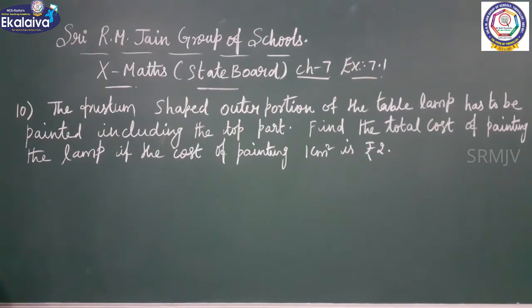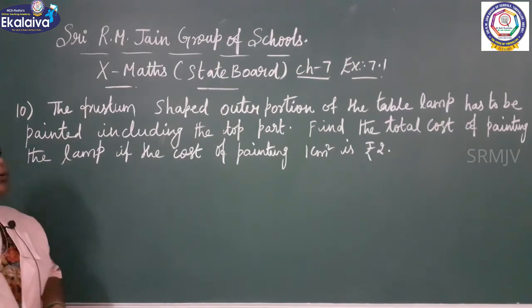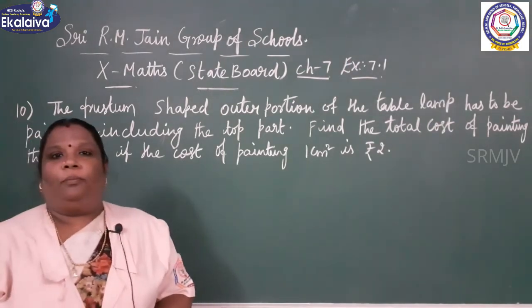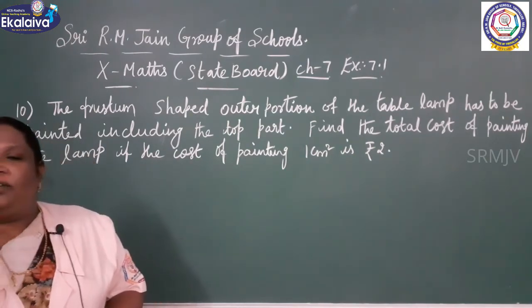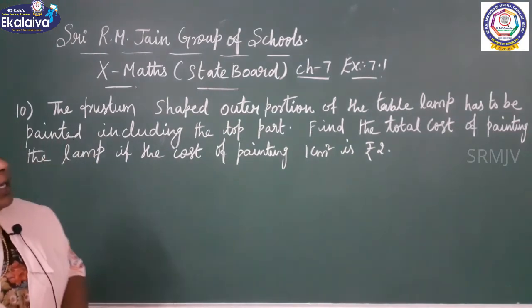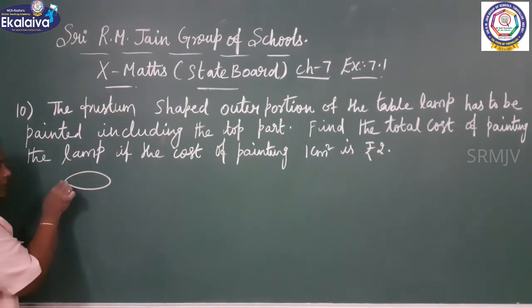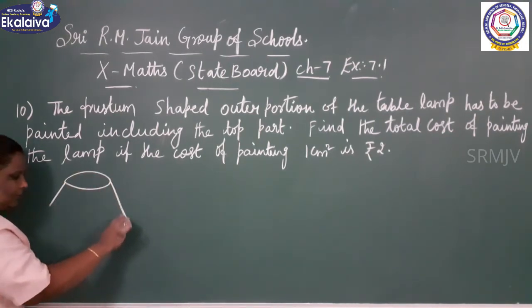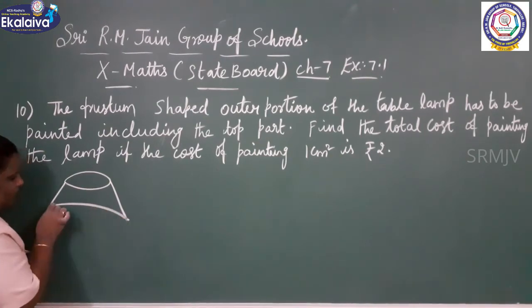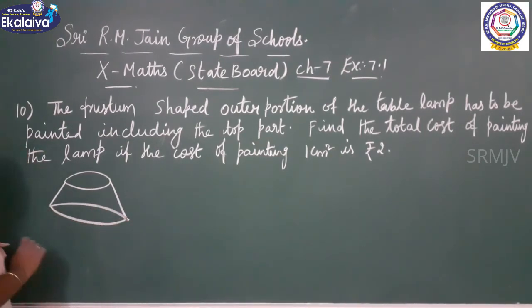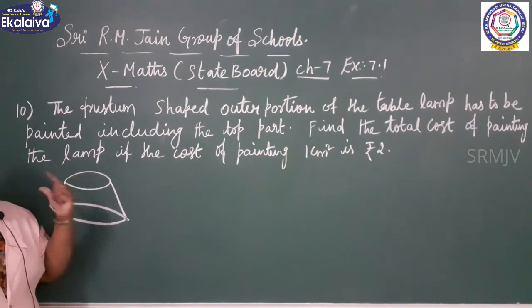See here, 10th sum, the frustum shaped outer portion of the table lamp. The diagram is given in the question itself. The frustum shaped, you can think of the bucket. The frustum shaped outer portion of the table lamp has to be painted including the top part also.